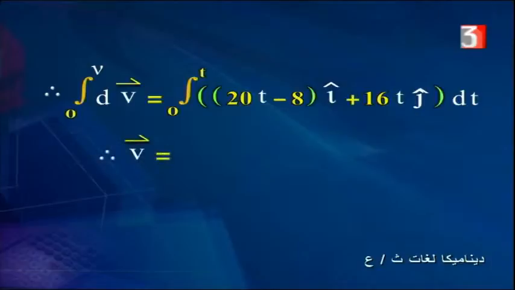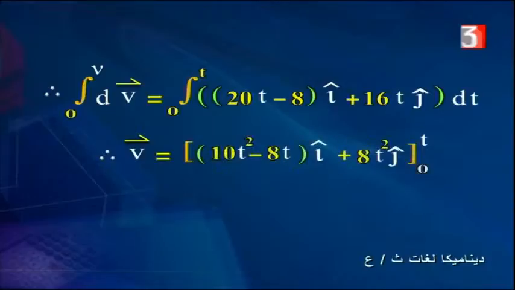Vector v equals integration of 20t is 10t power 2, minus integration of 8 equals 8t in direction of i, plus integration of 16t is 8t power 2 in direction j, from 0 to t.